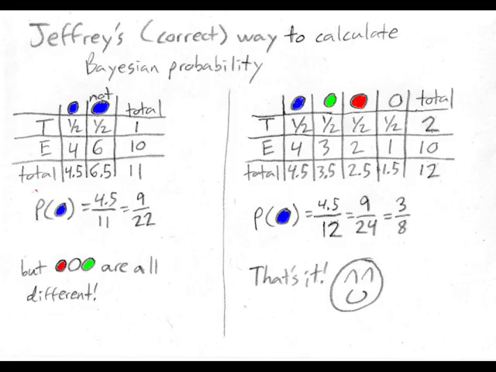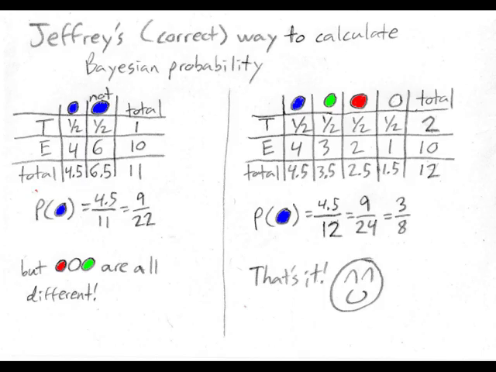Jeffrey's way to calculate Bayesian probability gives a theoretical count of 1/2 for every credible option before counting the experimental data. When there's only 2 options considered, the probability of blue being next is 4.5 out of 11, or 9/22.